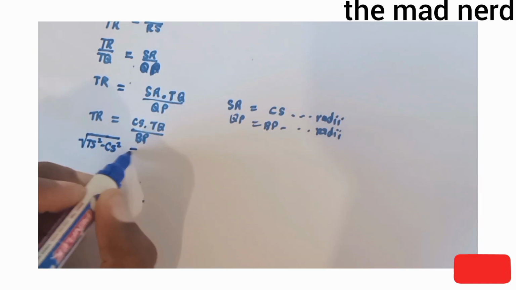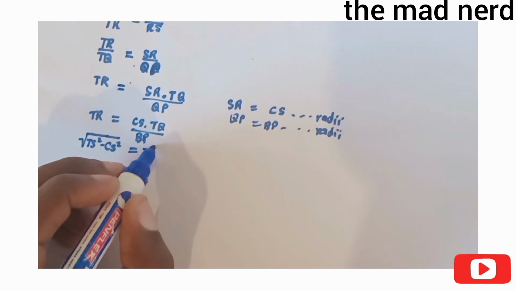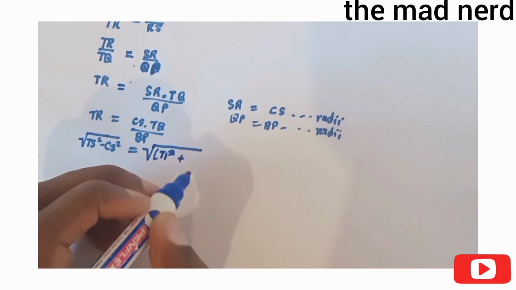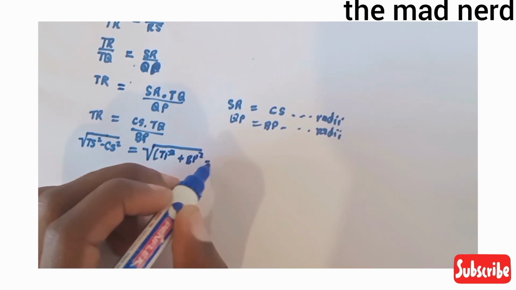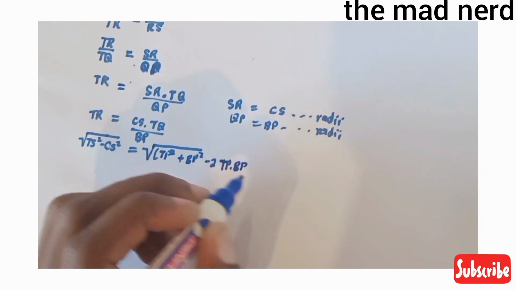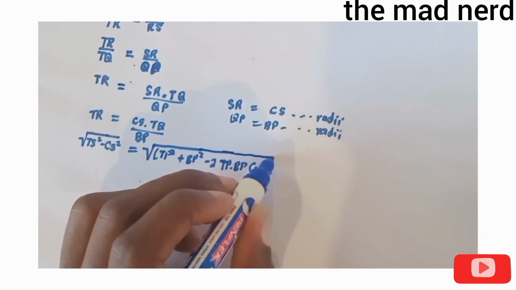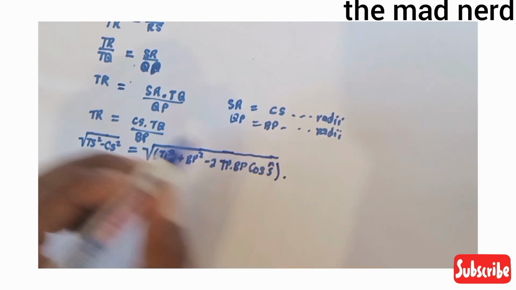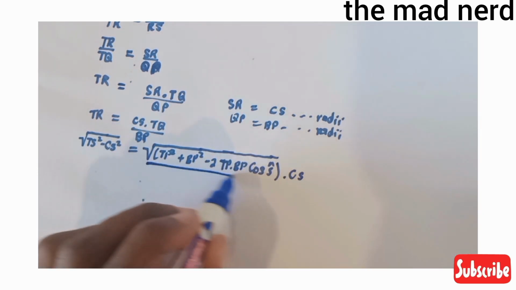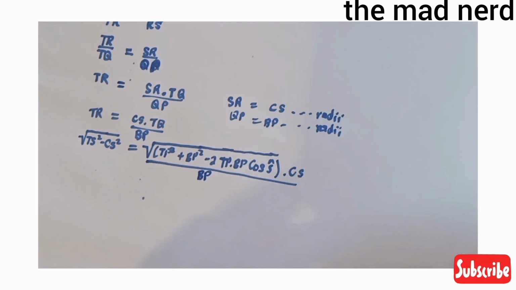And over here, in place of TQ, we can say root of TP squared plus BP squared, minus 2 TP times BP times cos angle S. Now we close these brackets, and then we say CS over here, let's not forget that one, and over BP over here.